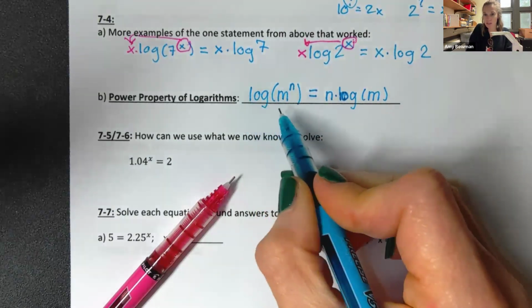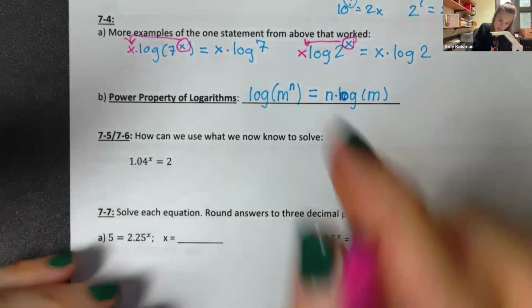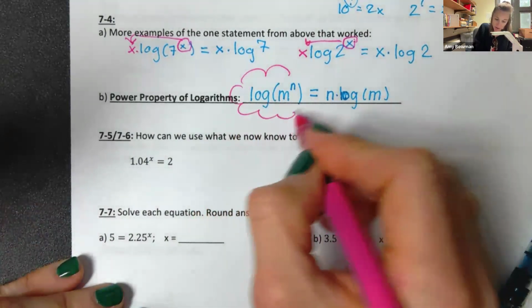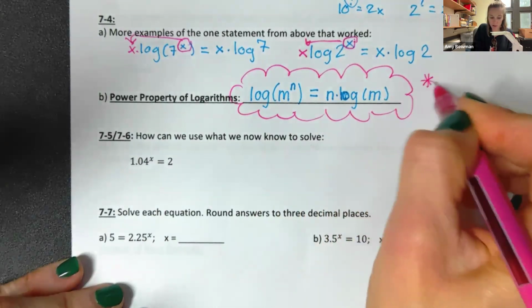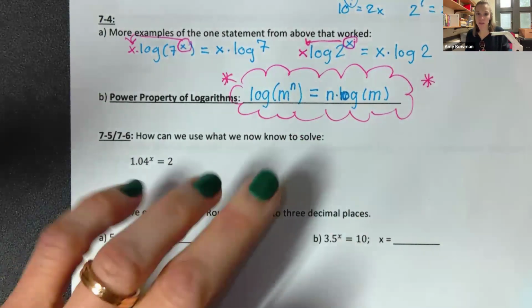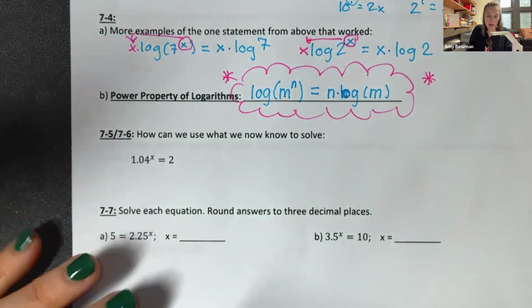Log of m raised to the n equals n times log of m. This is the power property of logarithms. So useful, so important. Put a bubble, stars, whatever you need to remind yourself. This is a key factor in how we're going to solve exponential equations.